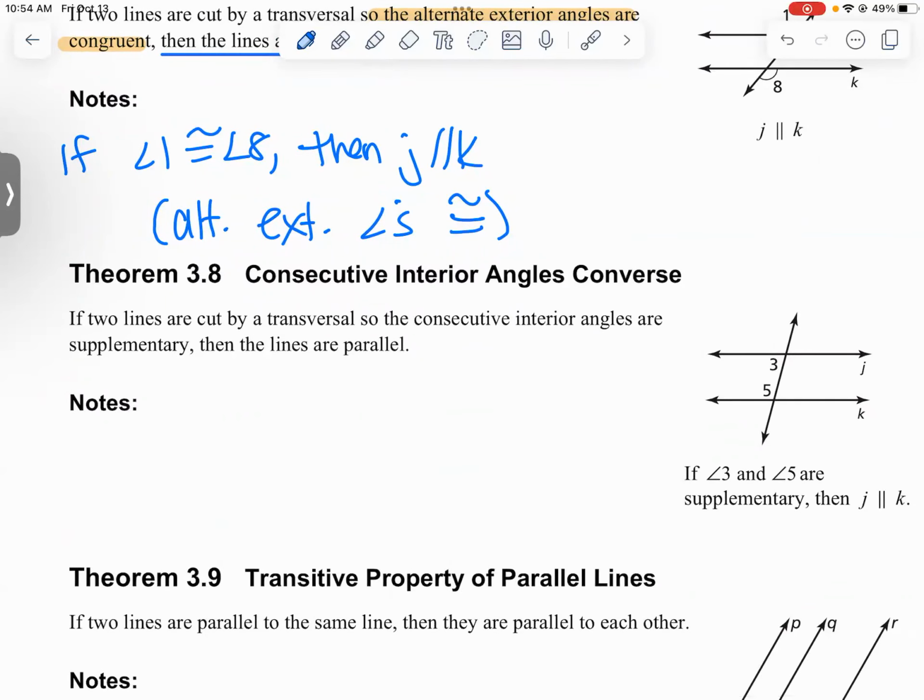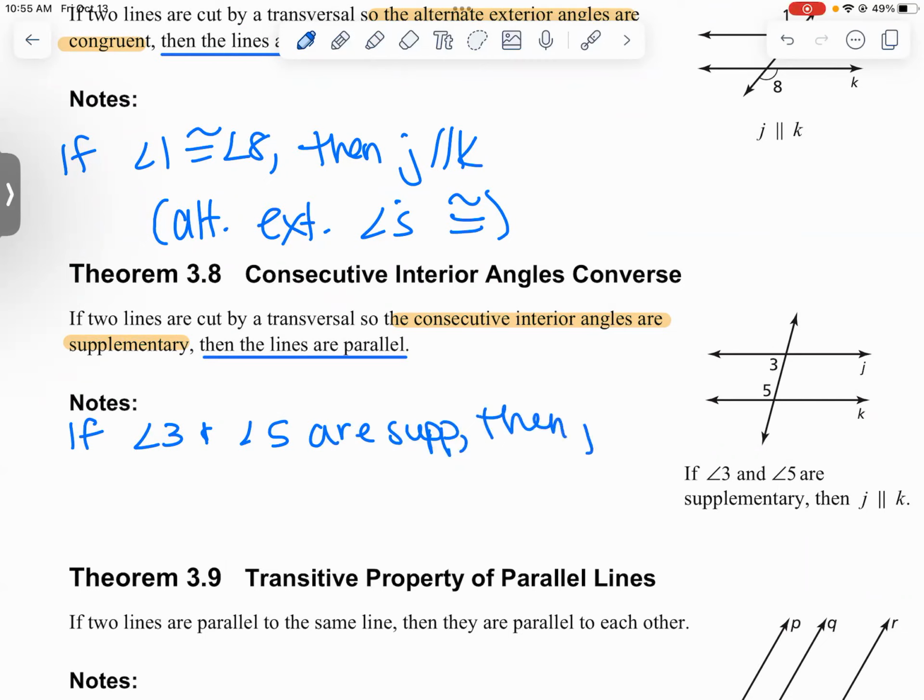And of course, last but not least, if we have consecutive interior angles that are supplementary, then our lines are parallel. So if angle 3 and angle 5 are supplementary, then J is parallel to K because our consecutive interior angles are supplementary.